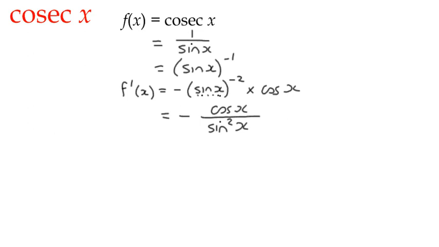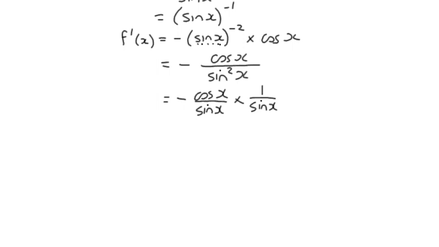And what we can do there is, again, split the fraction into 2, as we did in the last one. We can write down cos x over sine x multiplied by 1 over sine x. Now, cos x over sine x is tan x upside down. It's 1 over tan x, which is cot x, the cotangent of x. So we can say, keeping the negative sign there, it's negative cot x, and the 1 over sine x is cosec x.